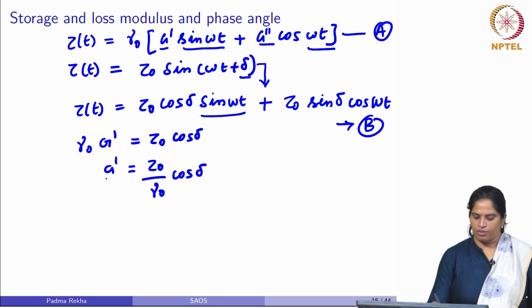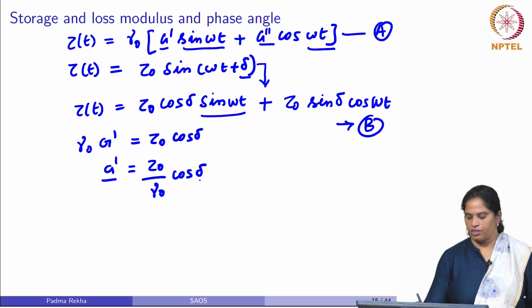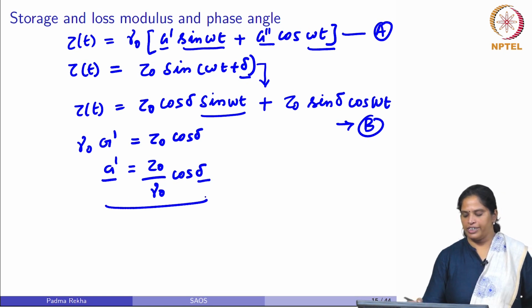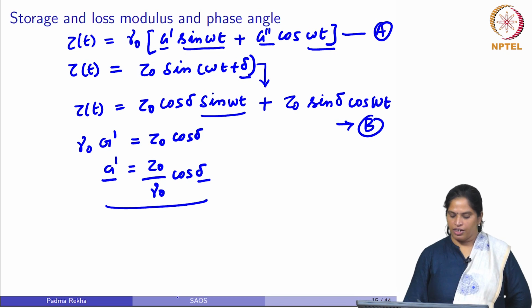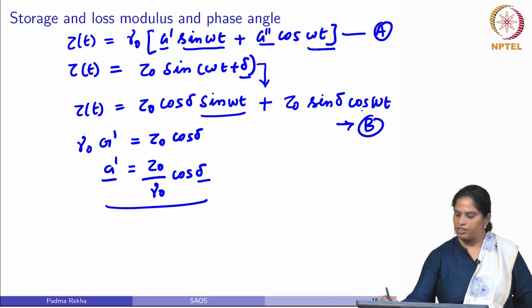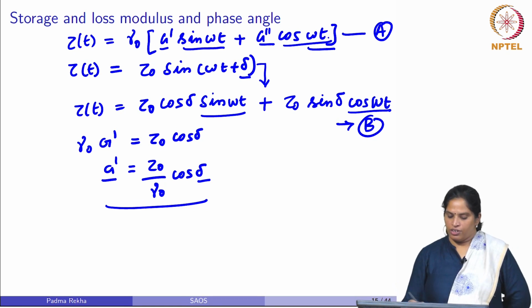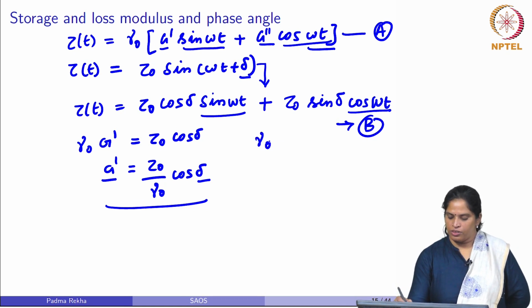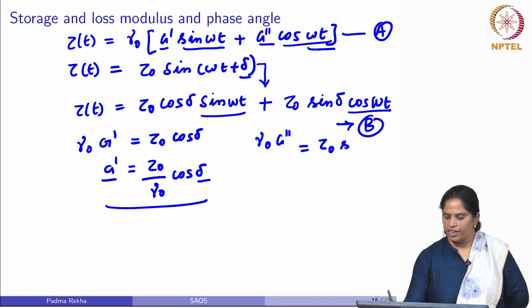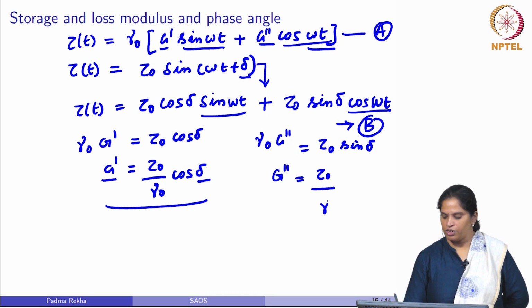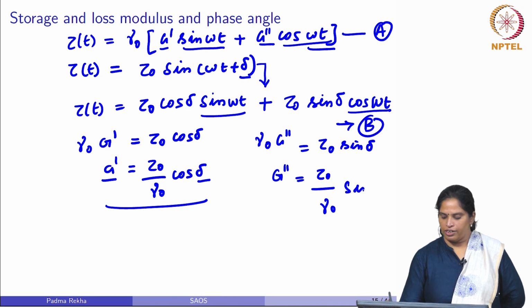So the storage modulus and phase angle are related by this expression. Likewise, when you equate the cos omega t coefficient, you get gamma naught G double prime equal to tau naught sin delta, or G double prime equal to tau naught by gamma naught into sin delta.